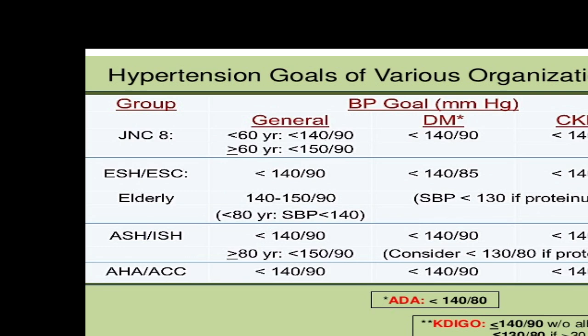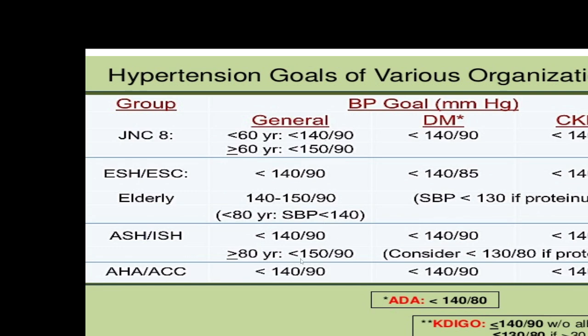And even with this normal pressure, there are a lot of differences between different medical groups. In the JNC group, the general blood pressure is attributed as 140 by 90, or above 60 years 150 by 90 as normal, and the goal is supposed to be 140 by 90 when you treat the disease. In the ESH standard, again 140 by 90 is considered normal.